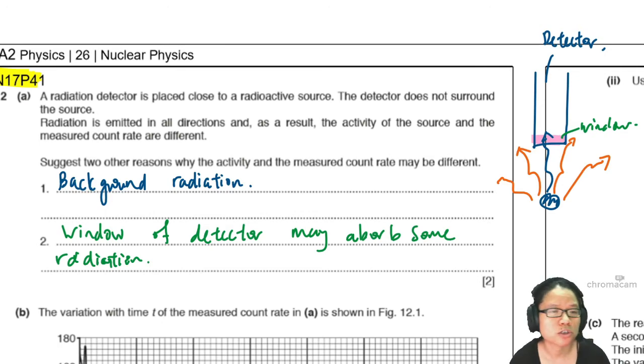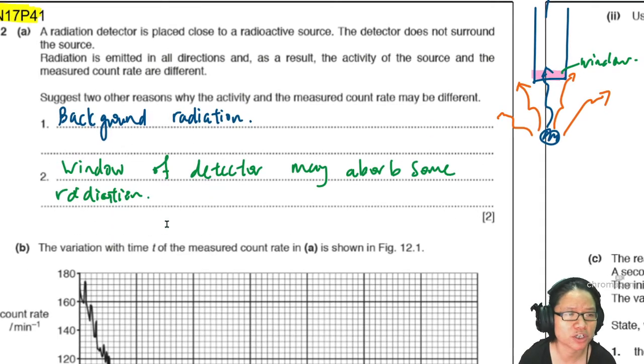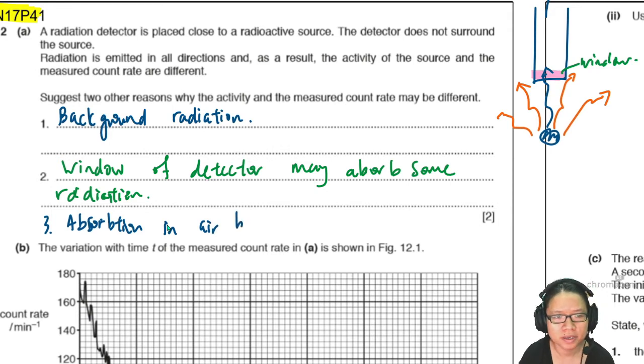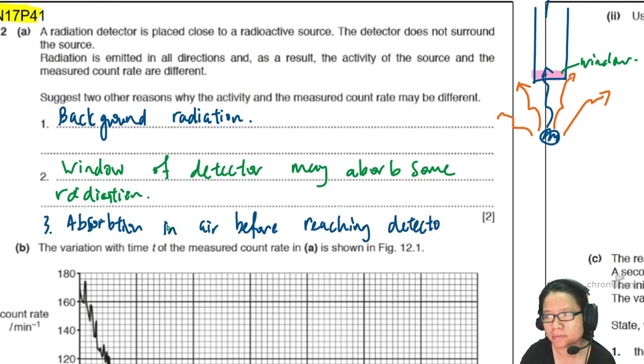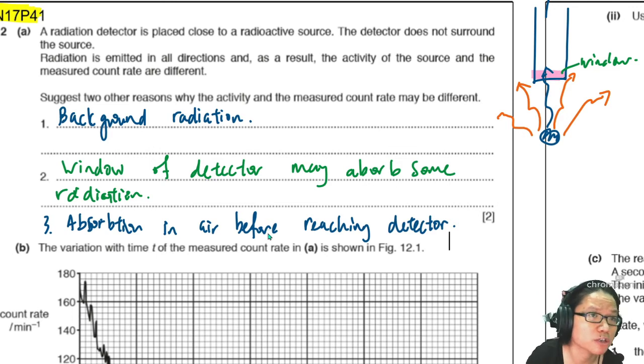Other reasons could be absorption in air, so always blame absorption. Maybe the air will absorb, especially if it's alpha particles. So absorption in air before reaching the detector. These are a few different reasons, but the background radiation one is the most common.